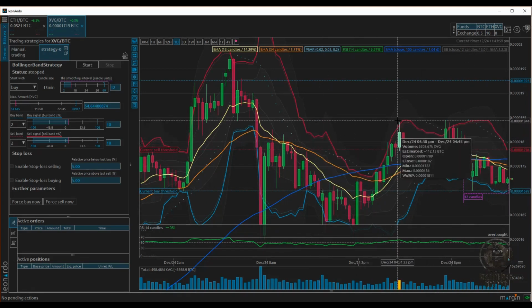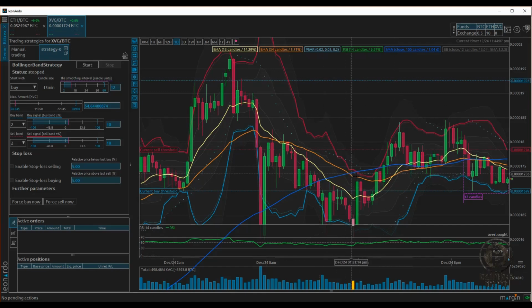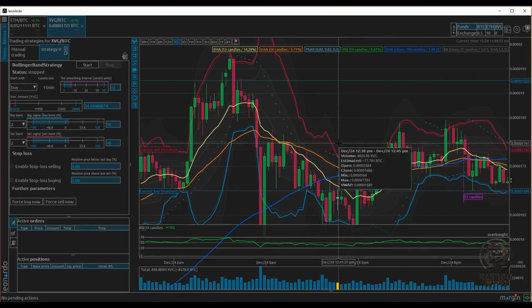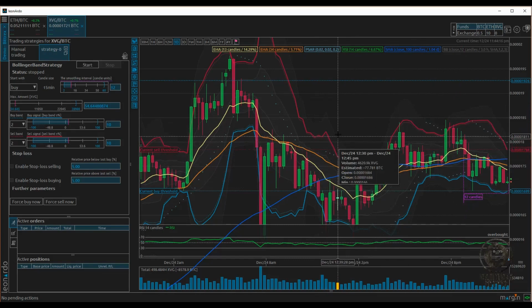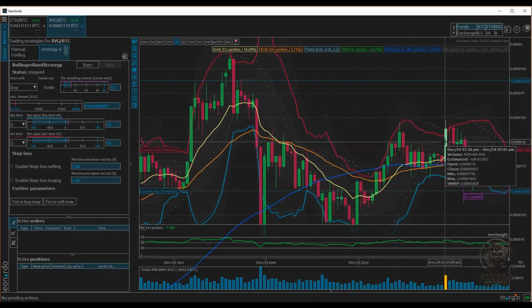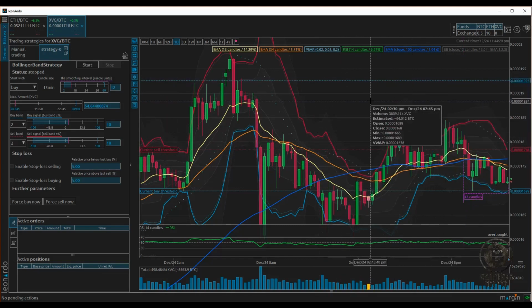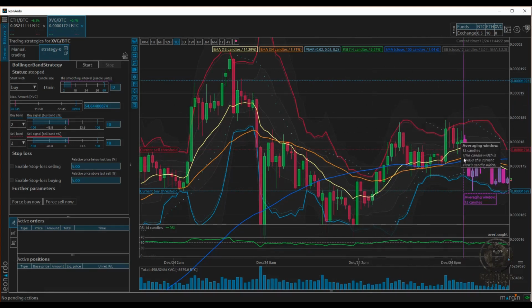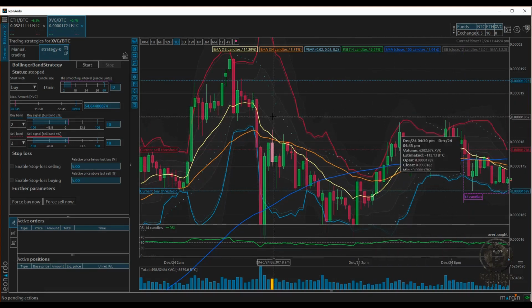Unfortunately, this version, from what I understand, gets confused with the API messages that it receives, so it triggers buys and sells the wrong way. So it's really not working as it's supposed to. But I'm pretty sure that will be fixed very quickly, and I can't wait to really use it on my real-time account and make some profit out of it.